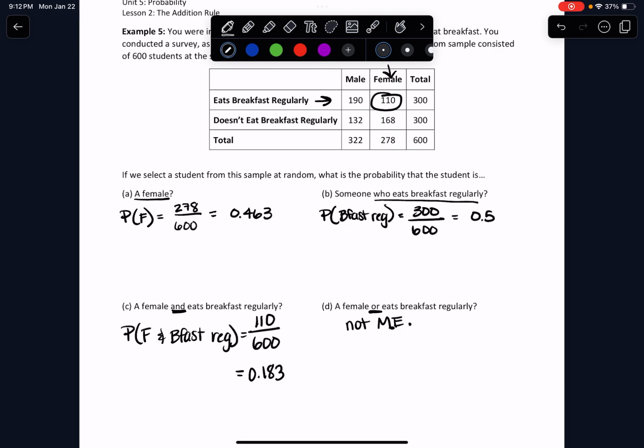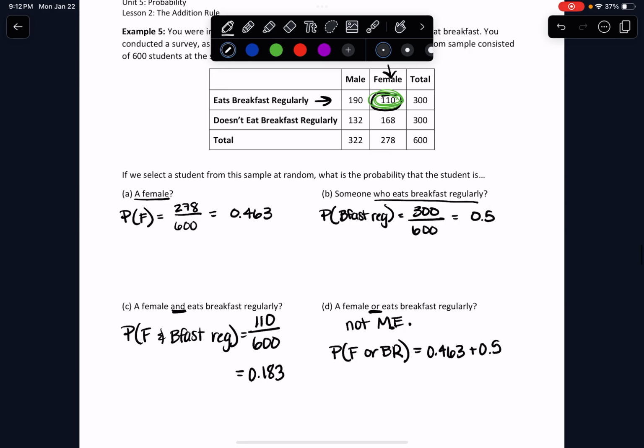So now if we want the probability of female or breakfast regularly, these are not mutually exclusive, because we can see that we have an example of overlap here. I'm just going to get even more lazy in my abbreviations. It is 0.463 plus 0.5.